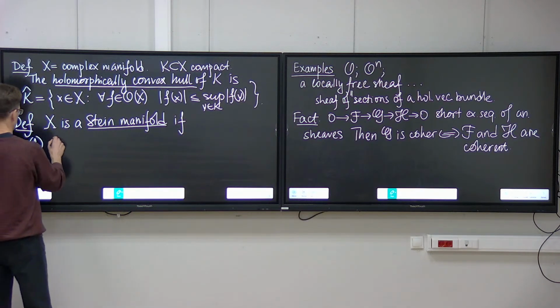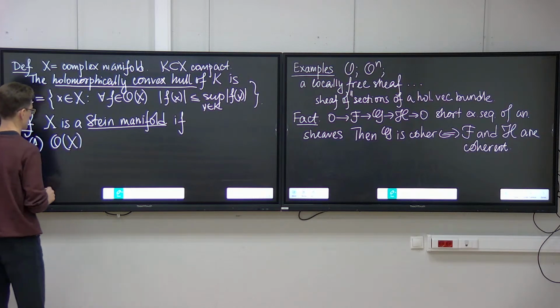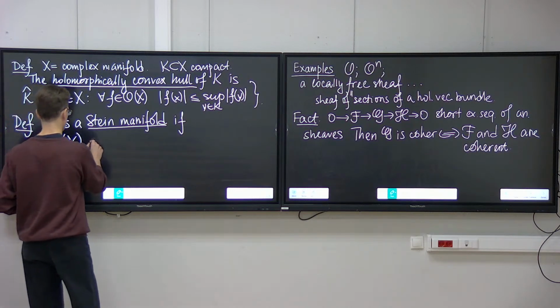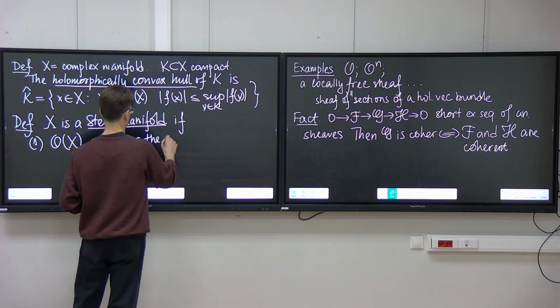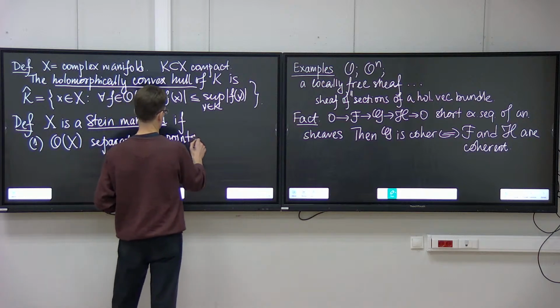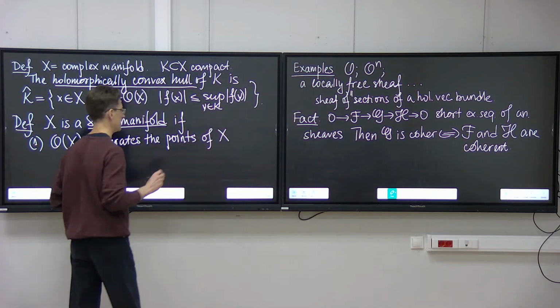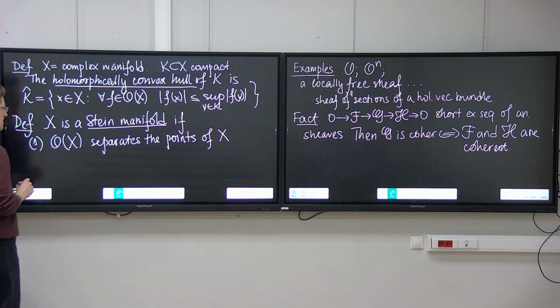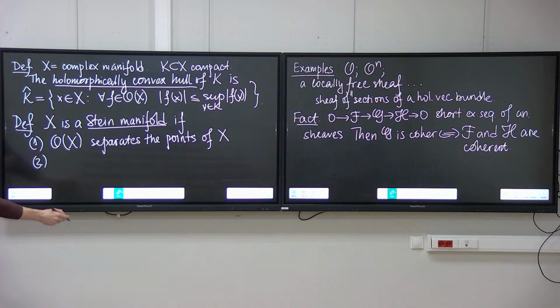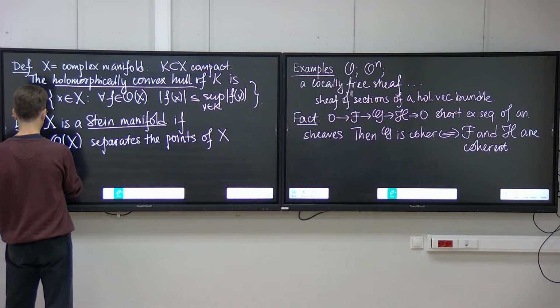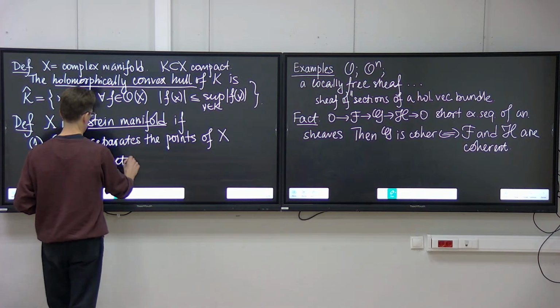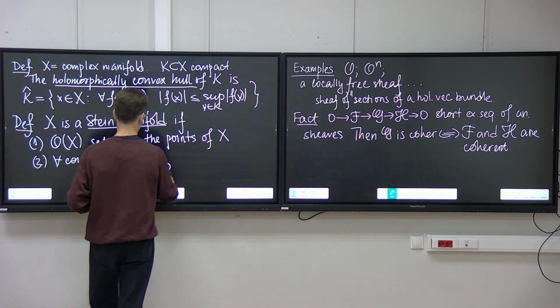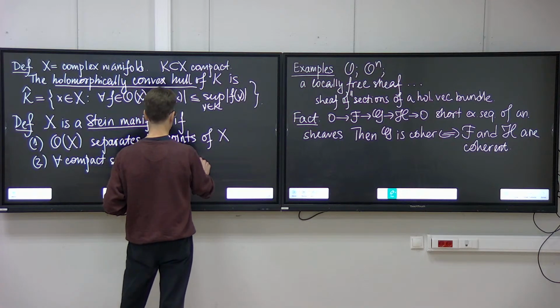Condition one is that the space of holomorphic functions on X separates the points of X. In some sense, we have many holomorphic functions defined everywhere on X. And condition two is more technical, but is also important. It states that for every compact set K in X, its holomorphically convex hull is also compact.